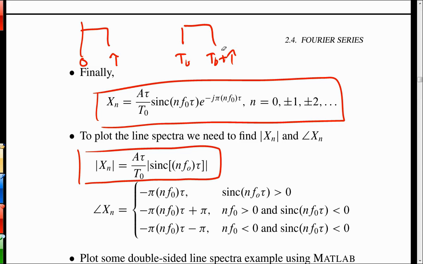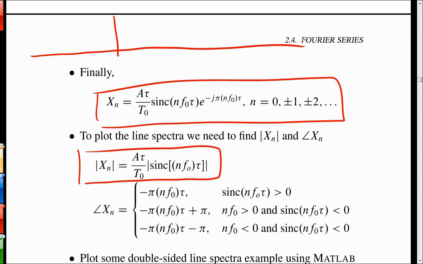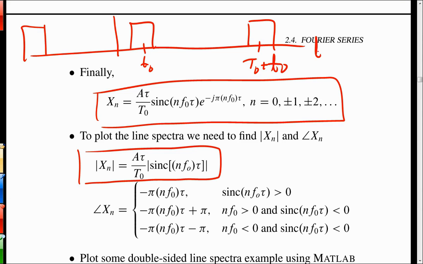So in the book, I'll take advantage of being able to erase electronically here. In the book, the pulse train is arbitrarily aligned so that it starts at t naught, and then this is cap T naught plus little t naught.